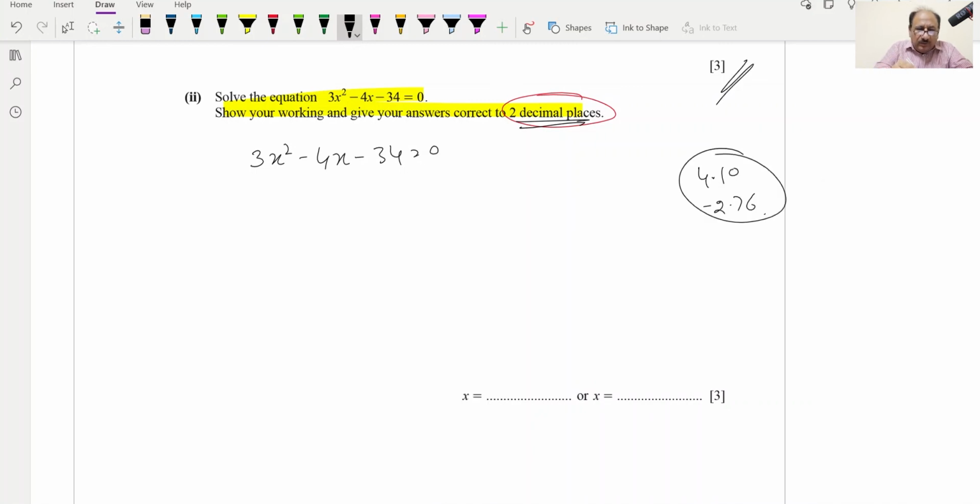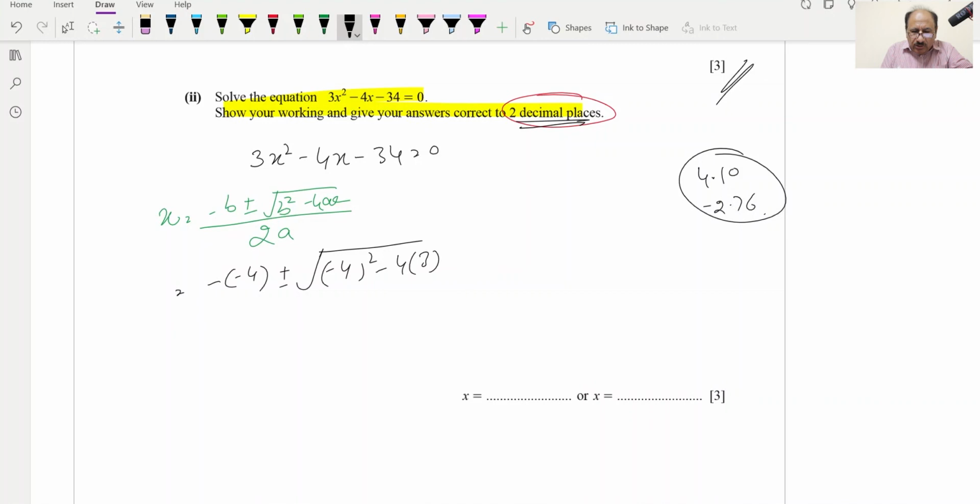So now we can apply the quadratic formula, which is x will be equal to minus b plus minus square root of b squared minus 4ac over 2a, and this will be what? Minus into minus 4 plus minus, this will be b squared, 4 squared minus 4 into a into c, which is minus 34, divided by 2a, which is 2 into 3.